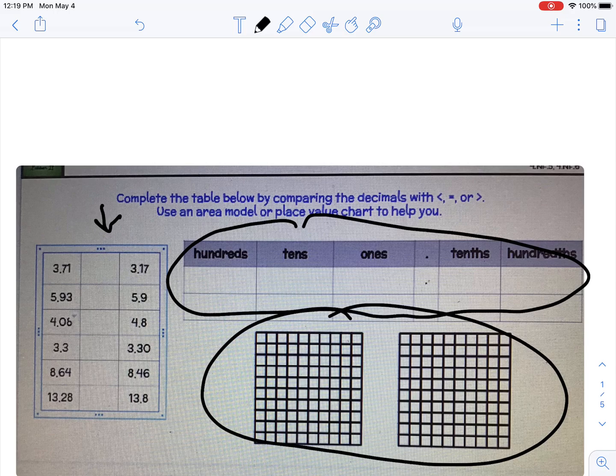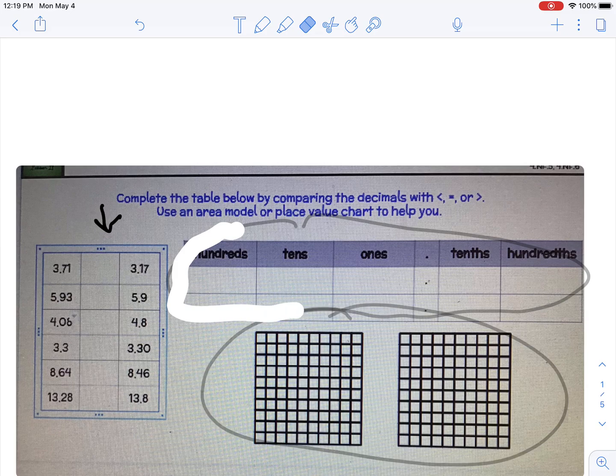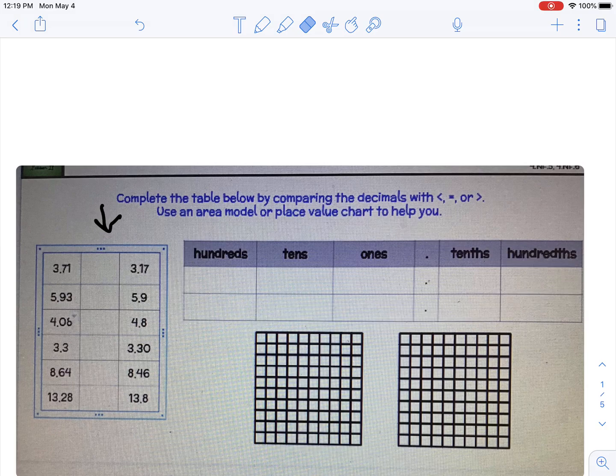They are available because we learned in the past couple lessons how to put numbers into the place value chart and how to use area models to help us compare numbers. So those are going to be there for you on some of the slides to help you. Don't feel like you have to fill them in, because one of the easiest ways to compare decimals is to simply line up the numbers, stack the numbers.